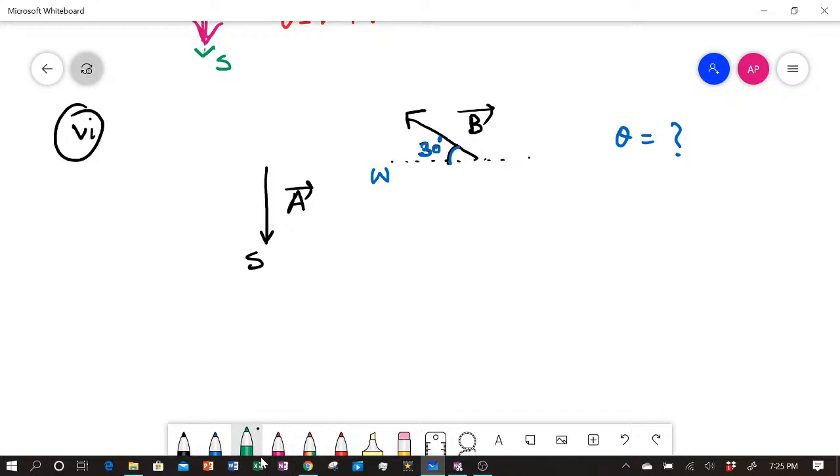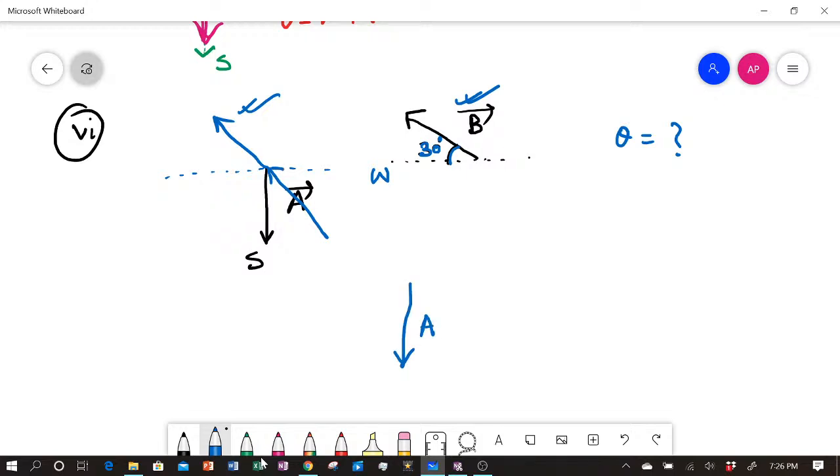So if I complete this, I should draw this B vector here. Now many of you have doubt about why I should draw this B vector here, right? I could draw this B vector here also, like this.